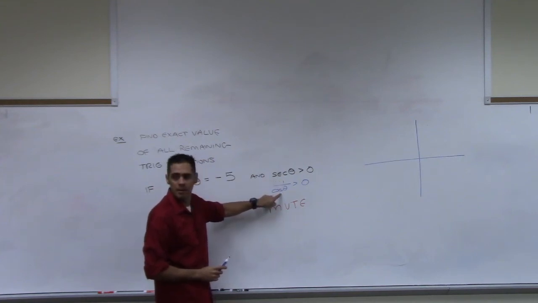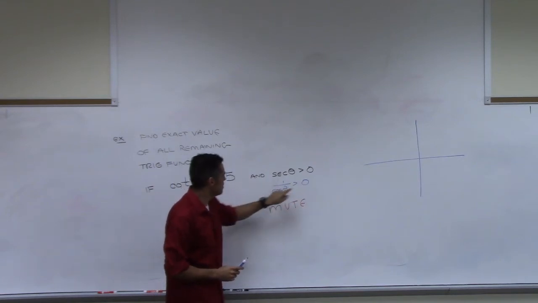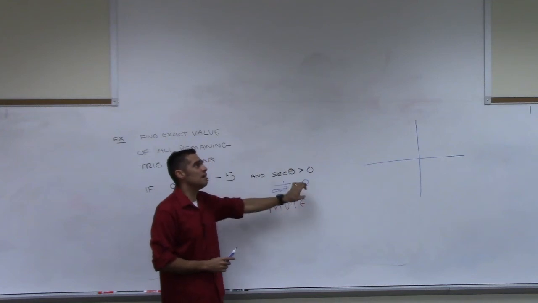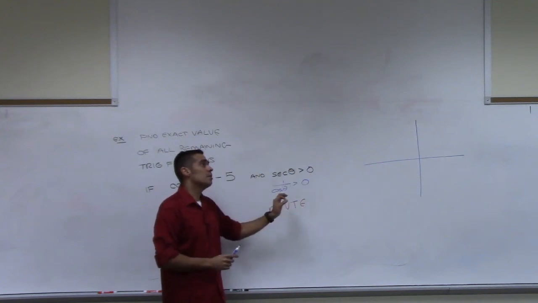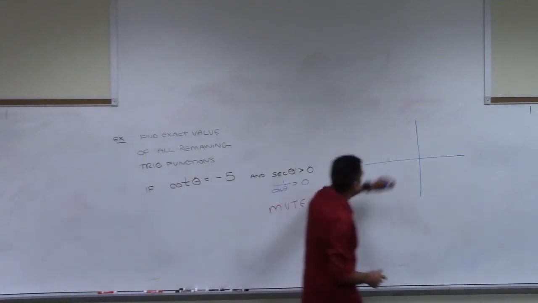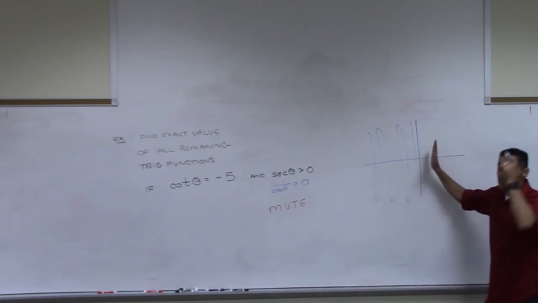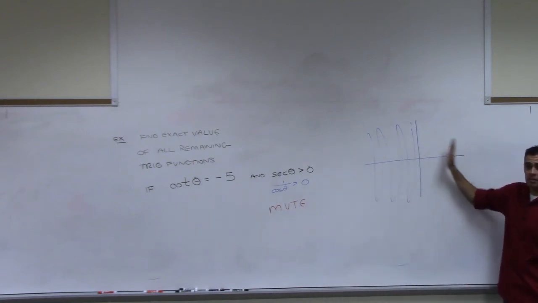Divide that by a number. The only way that can be bigger than 0 is if that cosine is positive. So secant being positive means cosine is positive. What quadrants is cosine positive in? 1 and 4. So that already eliminates these two quadrants. Because remember, cosine is the x coordinate, right? It's the x. So we're on this side.